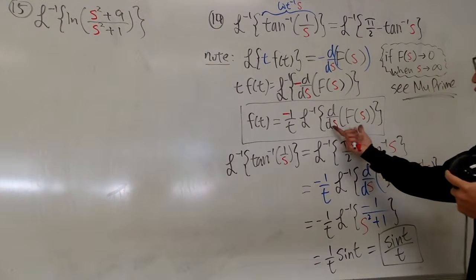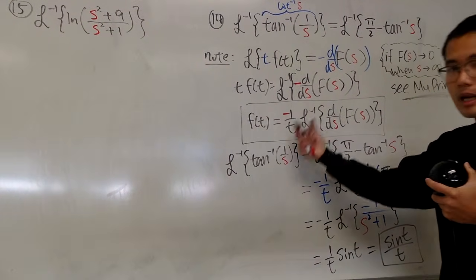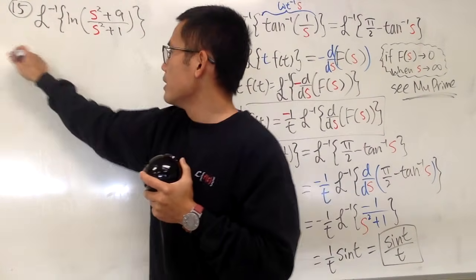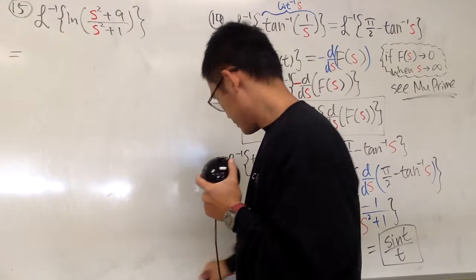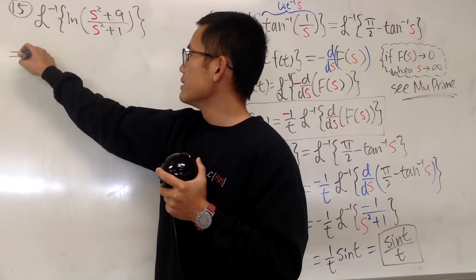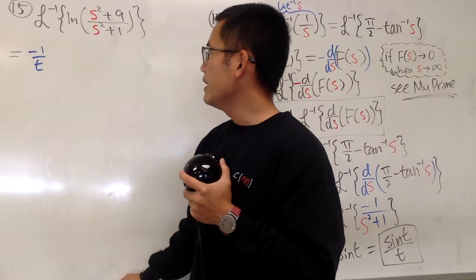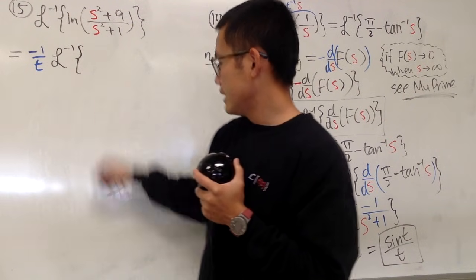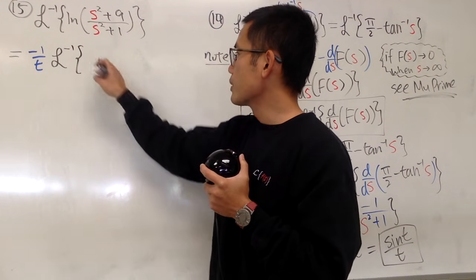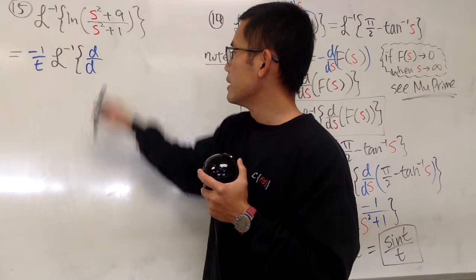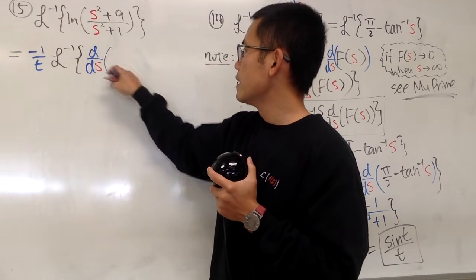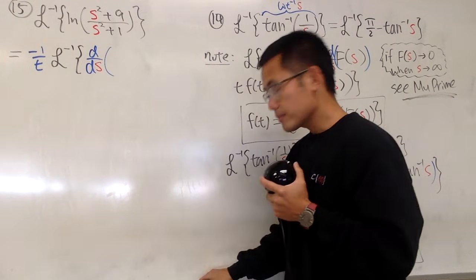So I'm going to differentiate the inside first, and then make sure on the outside we multiply by negative 1 over t. So here is how we are going to do it.